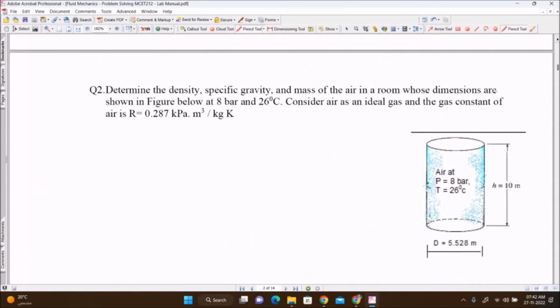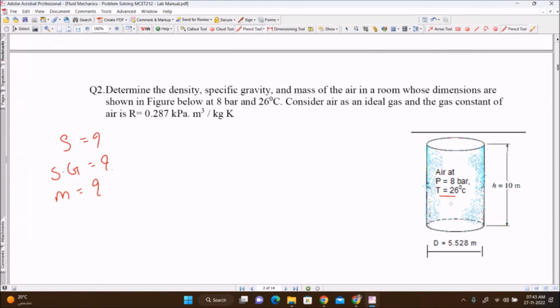Yes, this is again based on the properties. Determine density, specific gravity, denoted by Sg, and mass of air in a room whose dimensions are shown in the figure. Inside the room this is the temperature and pressure. This problem also belongs to thermodynamics, but we will consider it as fluid mechanics, where the temperature is not important.